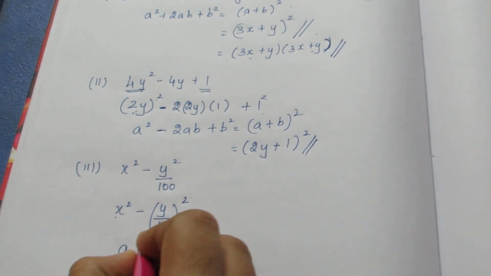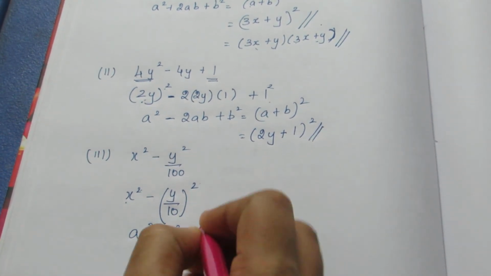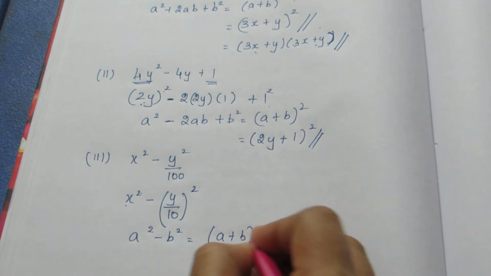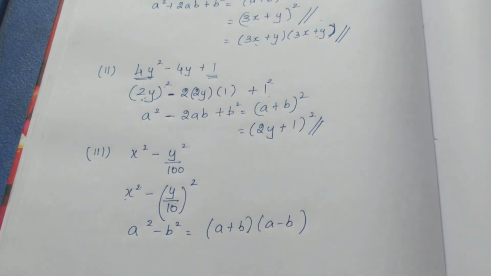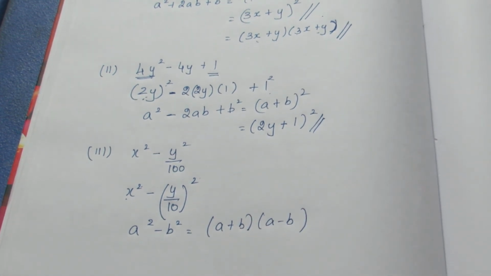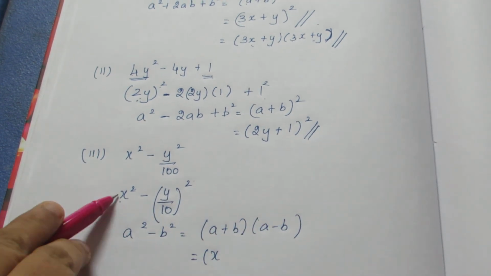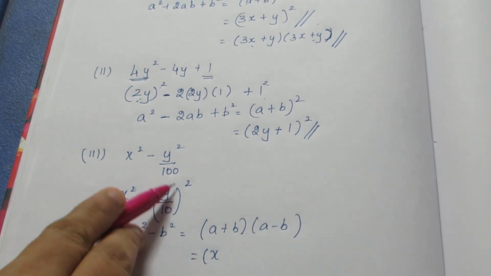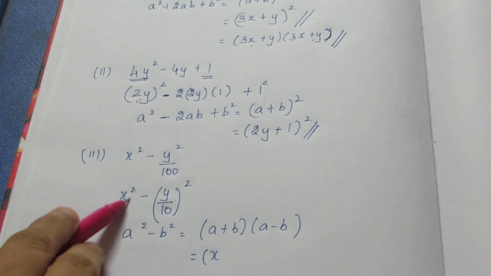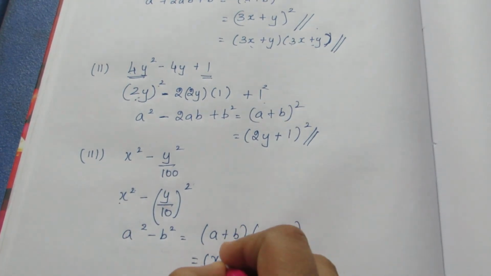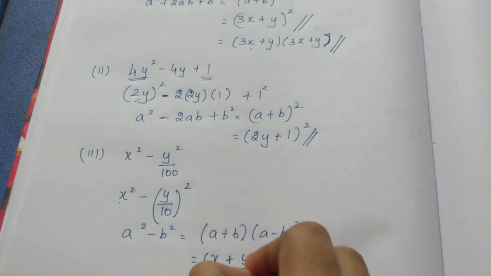It is in the form of a square minus b square, which is nothing but a plus b into a minus b. So instead of a, just substitute the values as x because it is a square, minus this is b square. So your a will be x and your b will be y by 10.